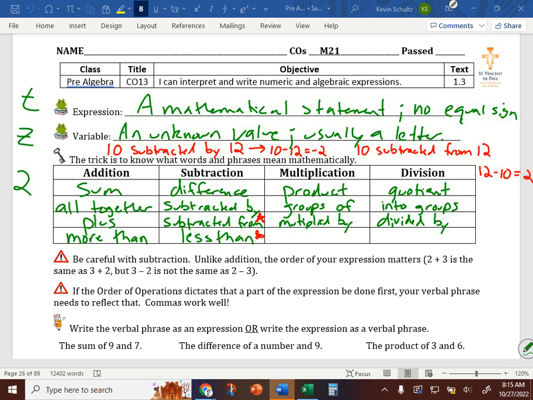How about the word twice? What would that be? Yeah, and specifically multiply by what? If you're taking twice something, you're specifically two.